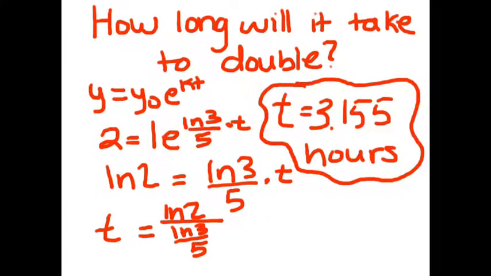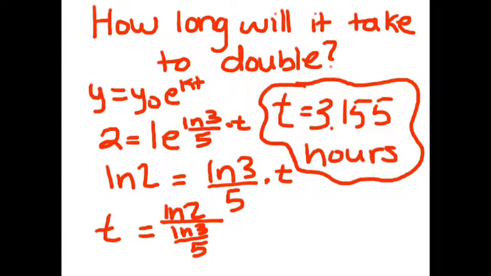So now we want to look for how long it will take for the bacteria to double. We start off with our original equation, but since we just want double, we want 2y equals 1 y sub naught. So now we plug in 2 equals 1 times e to the ln of 3 divided by 5 times t.